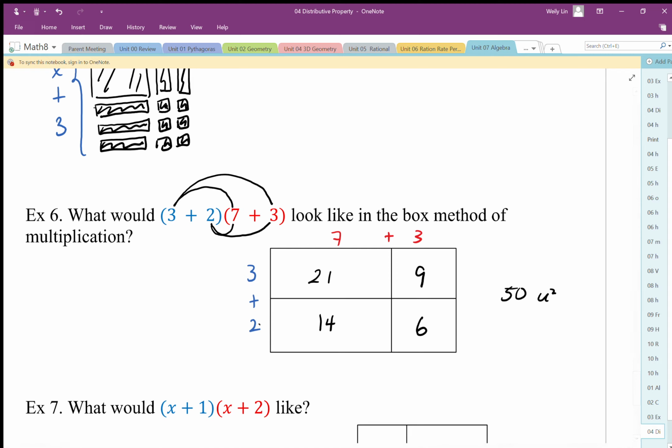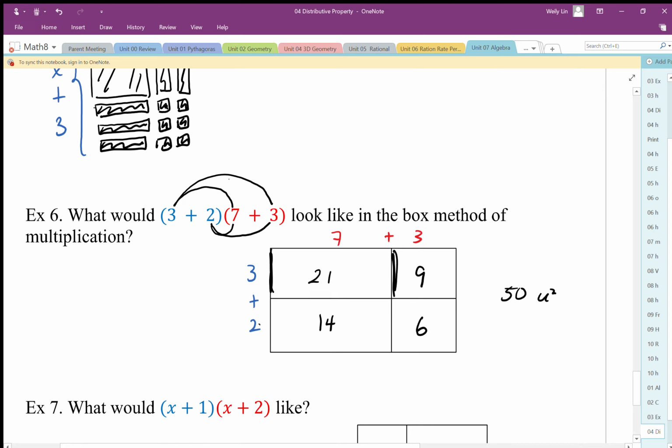So how do these multiplications interact? Well, the box method makes it very easy to see what happens. We can see that this length here interacts with both these widths. We see that this length here interacts with both of these widths as well, because this length has an edge length both here and here.